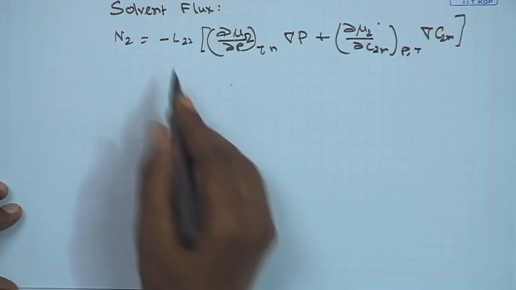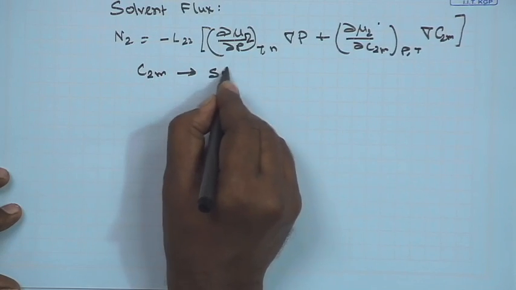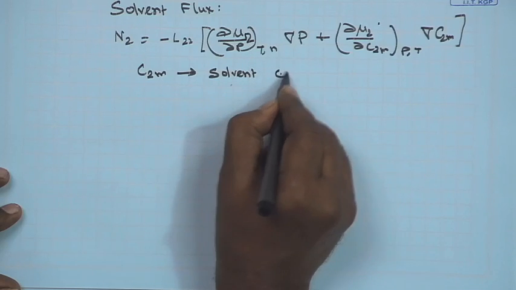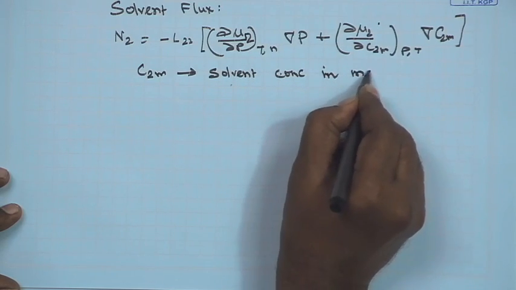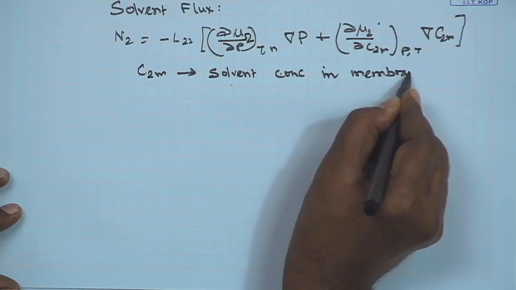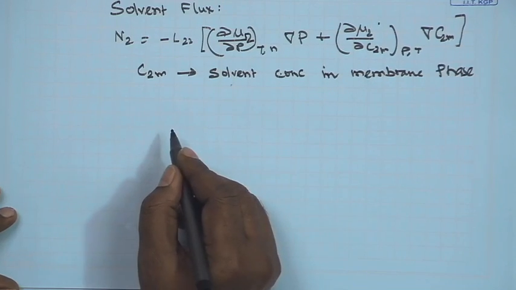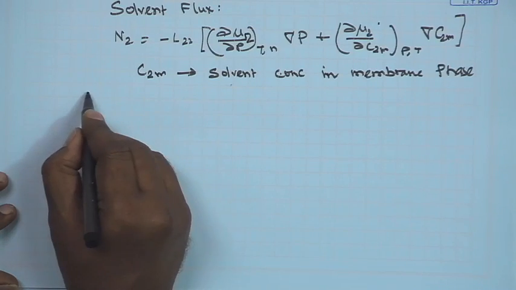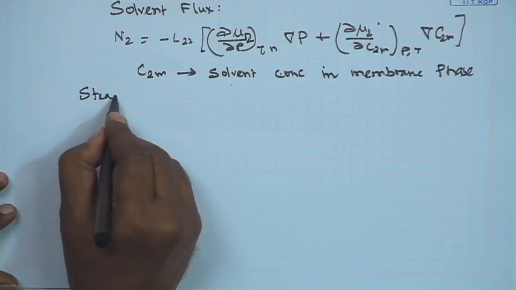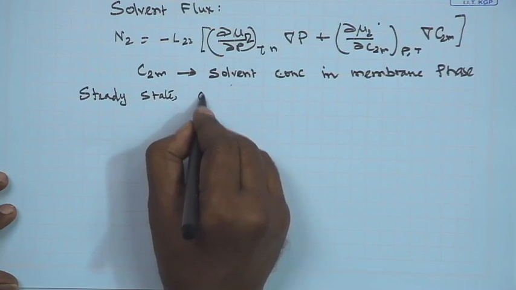So, what is C_2m? C_2m is the solvent concentration in the membrane phase, or in the solid phase. Okay. Under this we assume again a steady state and one dimensional transport.